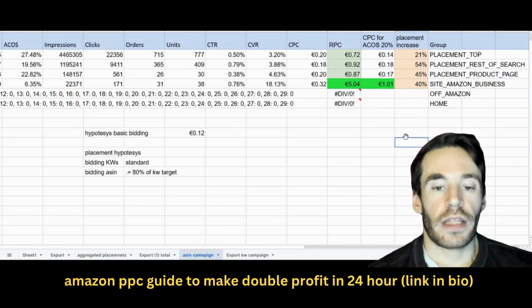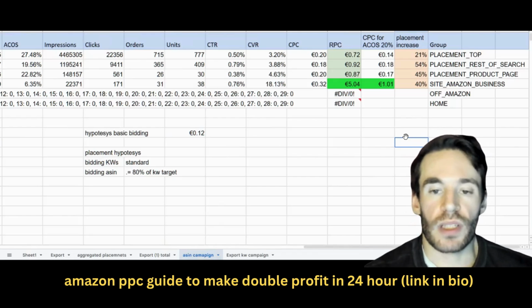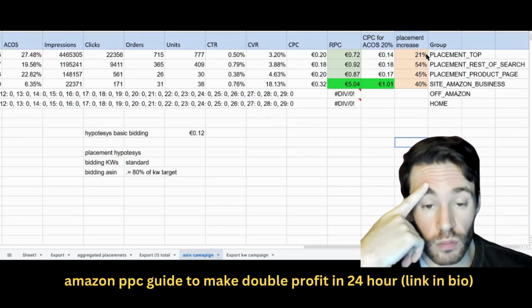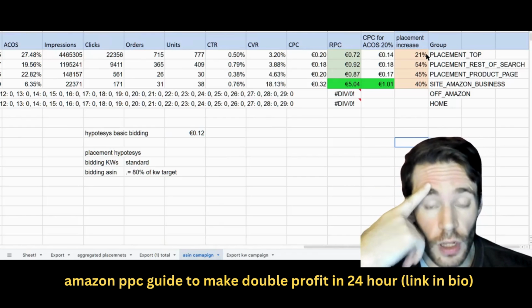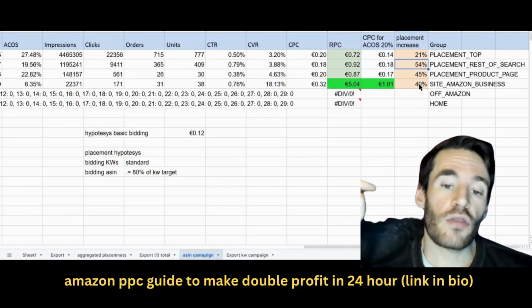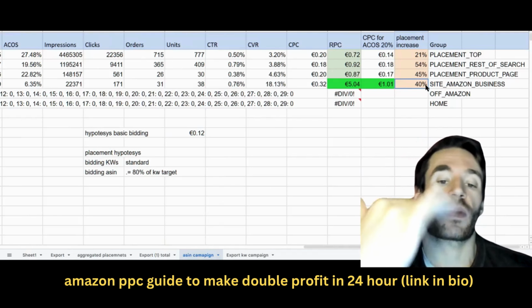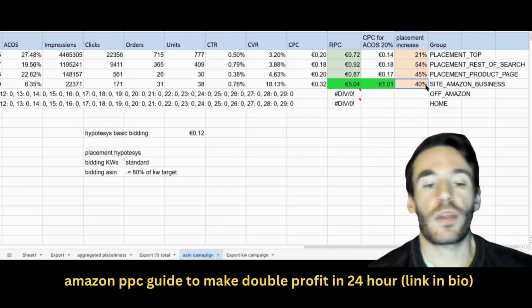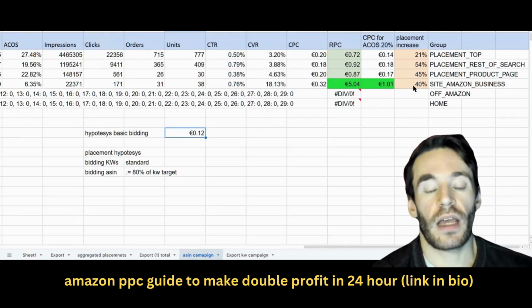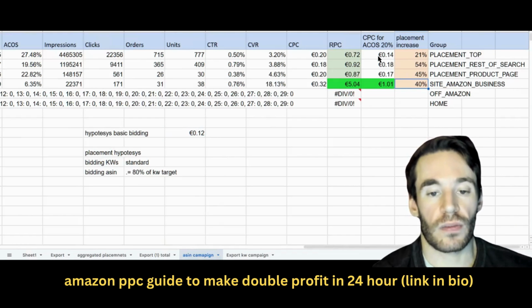So for the campaign, in my opinion, a good starting point from this account would be to have this number, 21% as a placement increase for top of search if you target ASIN, 54 for rest of search, 45, and then you have added 40% for the business placement. 40% is not added to this number. 30% is added to every one of these.